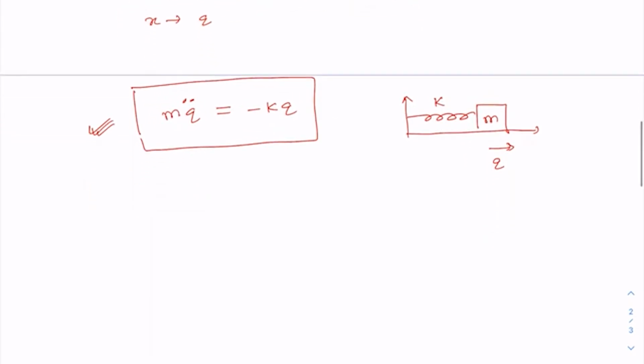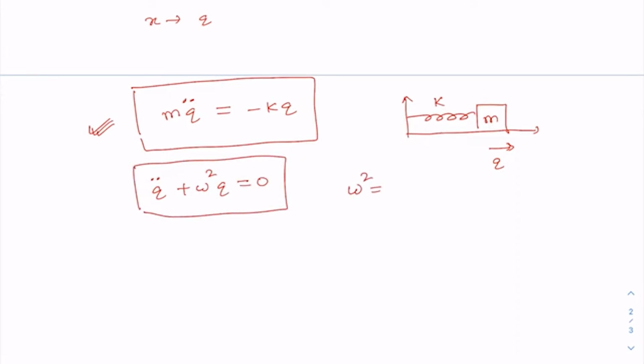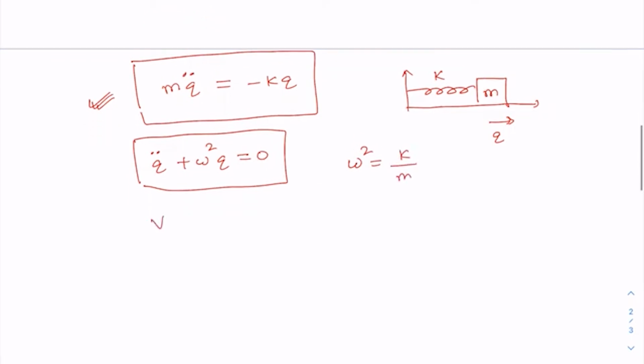Here we can also write this equation of motion as q double dot plus omega square q is equal to 0, where omega square is simply k by m, and the potential energy function I can write as V of q equal to half k q square, or half m omega square q square.